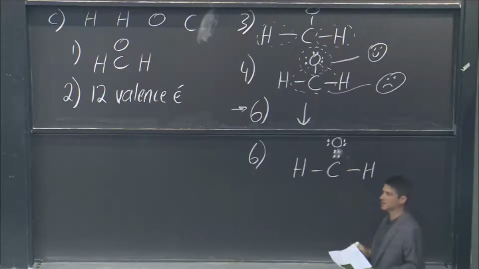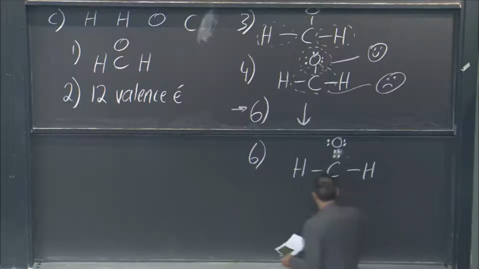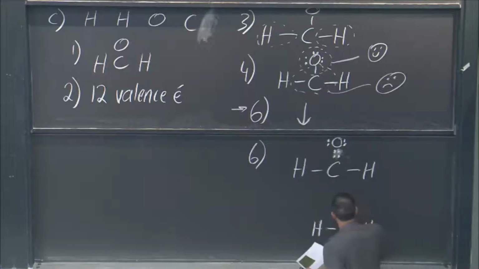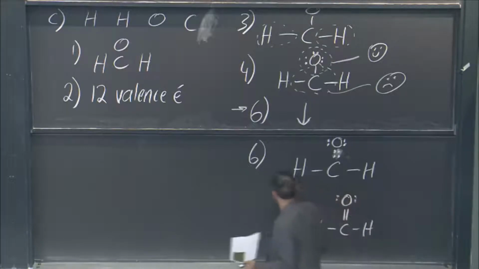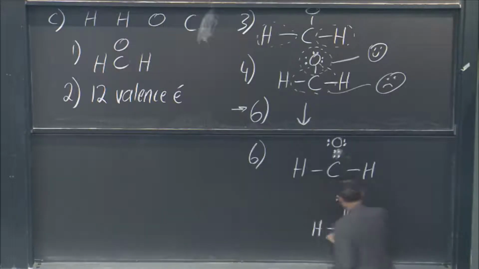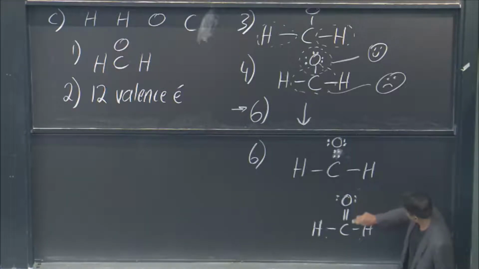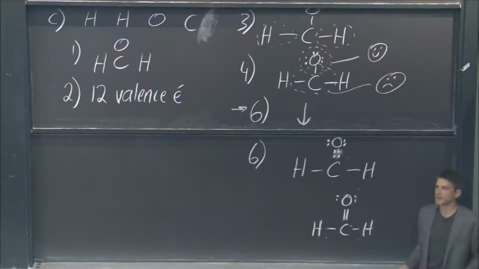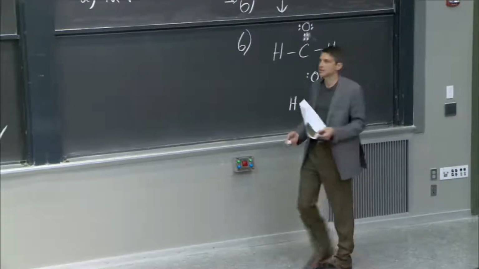Right? That's cool. And so you could write this with sticks if you want, right? CH, that's a double bond with those electrons up there. That's the same thing. And now if you count, happy, happy, happy, happy. Everybody's happy. Caring is sharing.